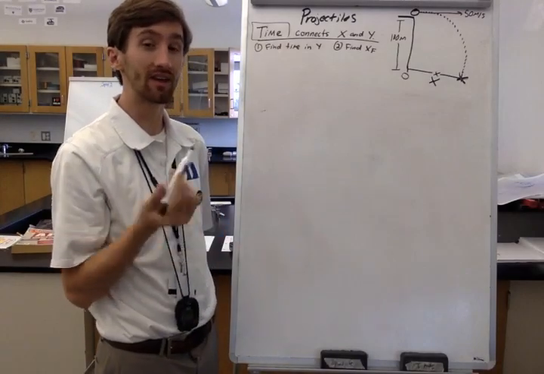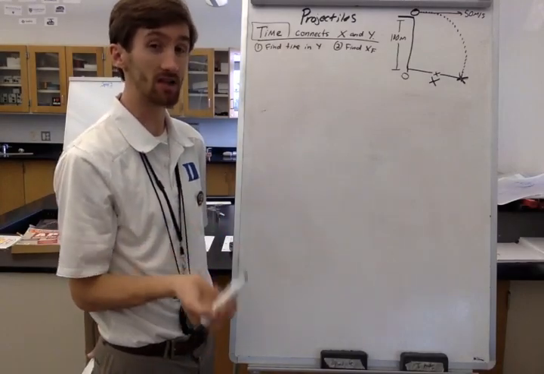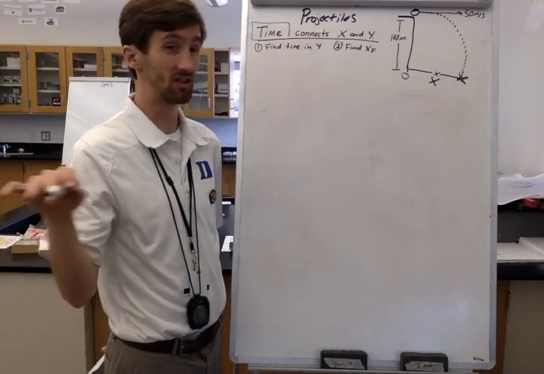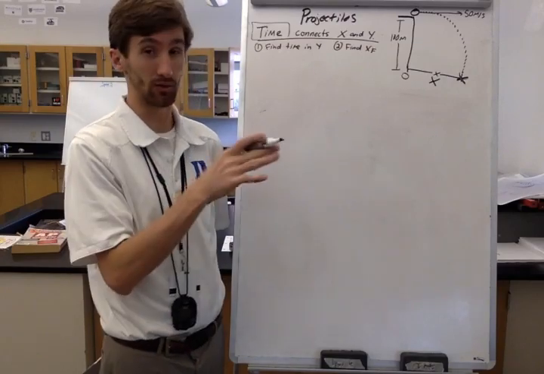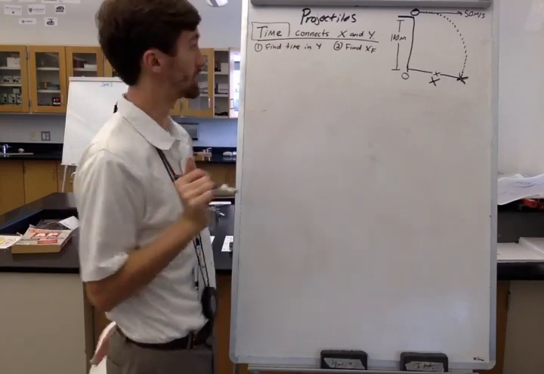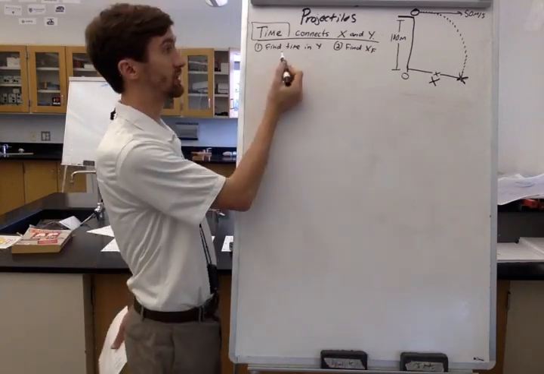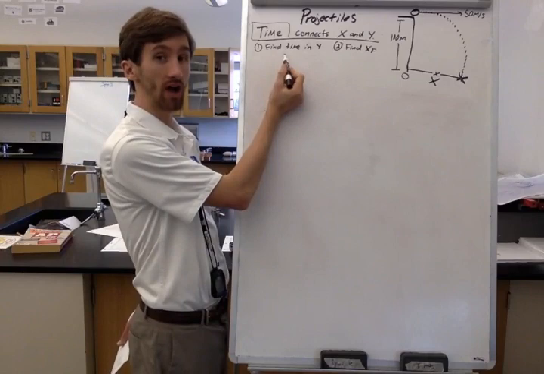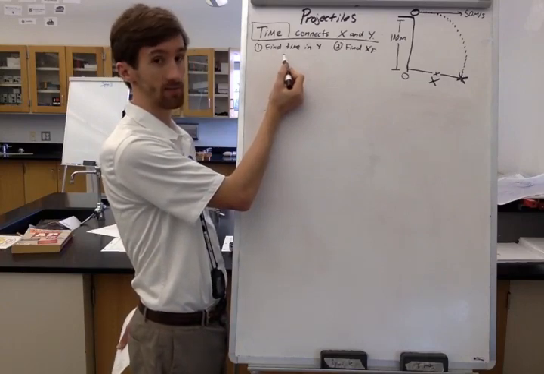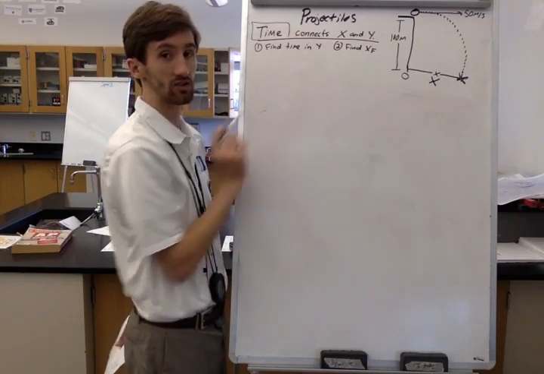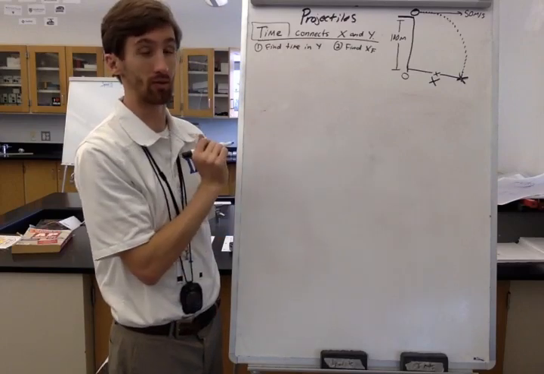Velocity and acceleration don't change between the x and the y direction, but time links them together. So our steps are going to be to use the y direction to find time and to use the x direction to then solve the problem.